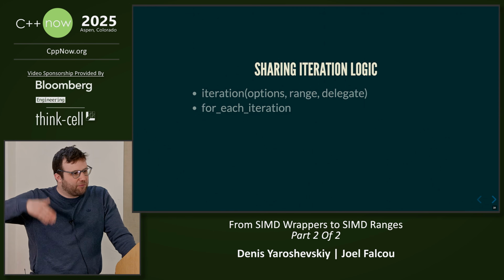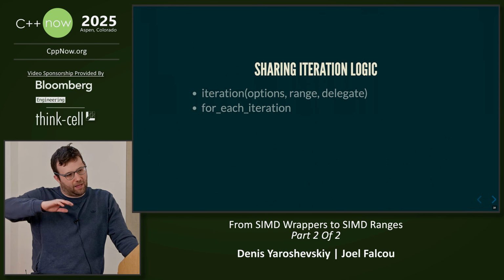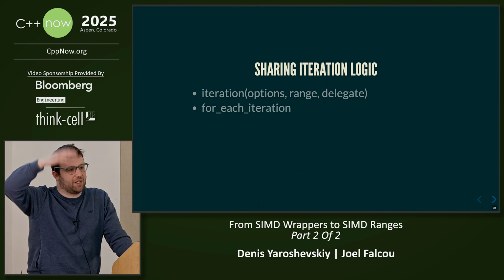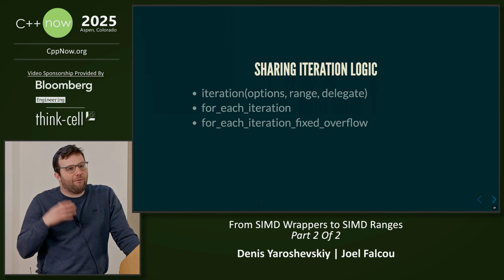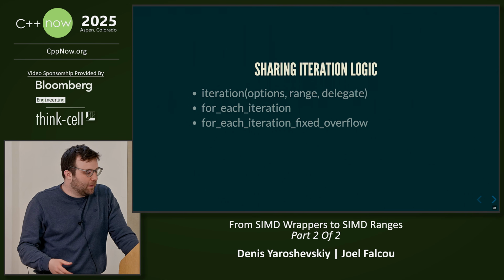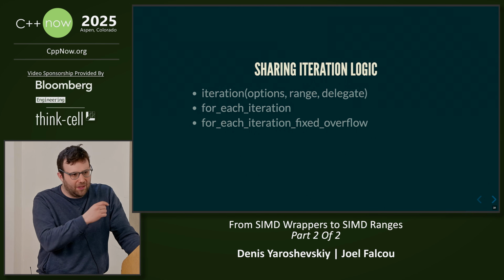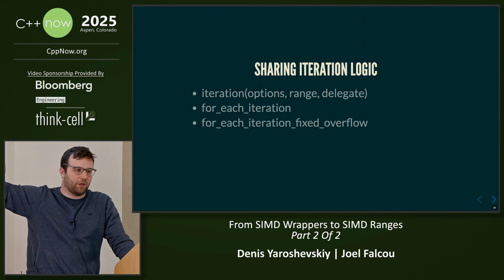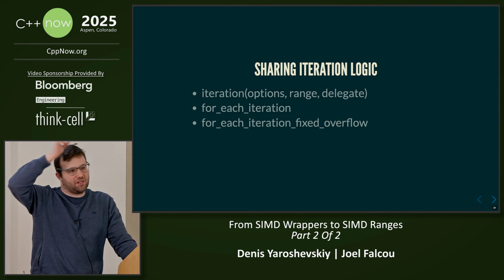So what do we have? We have for_each iteration, and that will have 3 different callbacks for the tails, for the main one, for the unrolled one. We have one with fixed overflow, for example. In min_element, you have an overflow. When your index overflows, you need to do something, so there's an iteration for that.